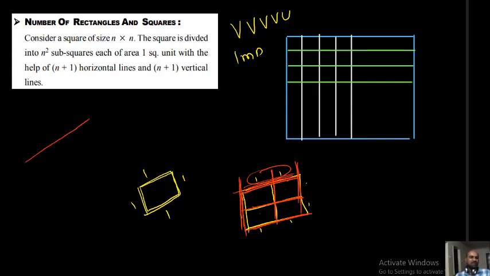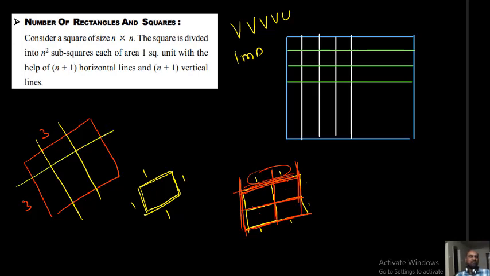See here students, this is a square of 3 unit side. I want to divide this square into smaller squares of 1 unit. What should I do? Here I want to draw 2 vertical straight lines, and horizontally I want to draw 2 straight lines. What happened? 1, 2, 3. See here, all squares.